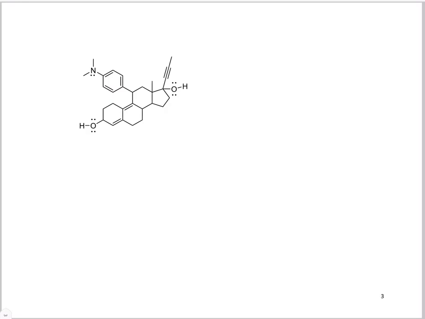Well, I can see an OH connected to a carbon. So this is going to be an alcohol. I can see a triple bond connected to a carbon, so I will call that an alkyne. I can see a double bond, and I will call that an alkene.